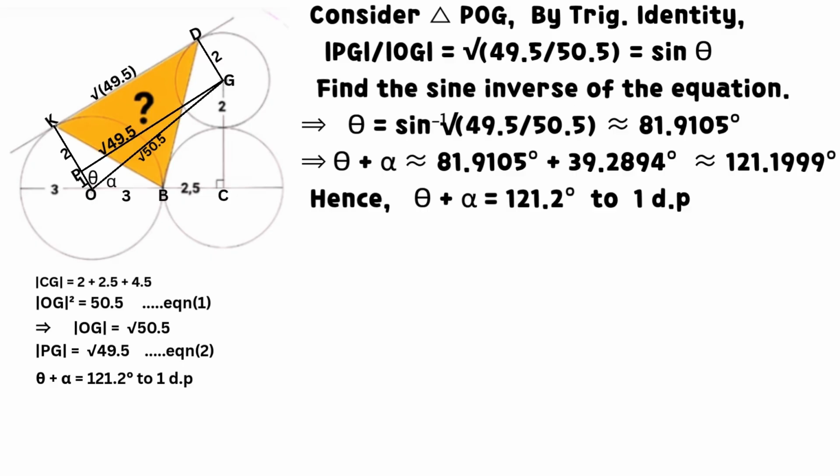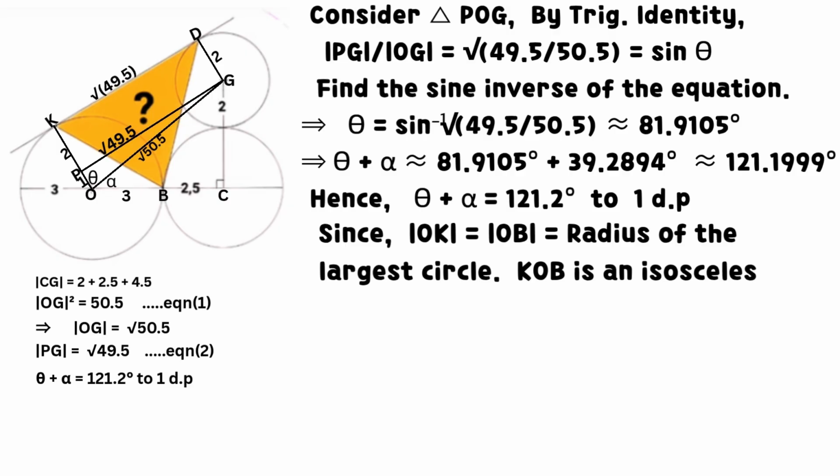Hence, the sum of theta and alpha approximately equals 39.2894 degrees plus 81.9105 degrees. That is 121.1999 degrees, which equals 121.2 degrees to 1 decimal place.